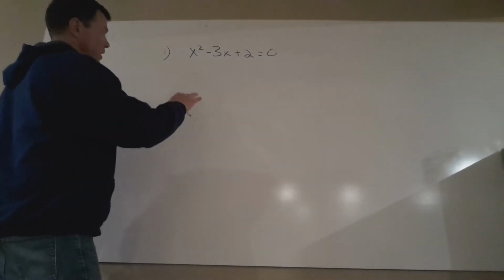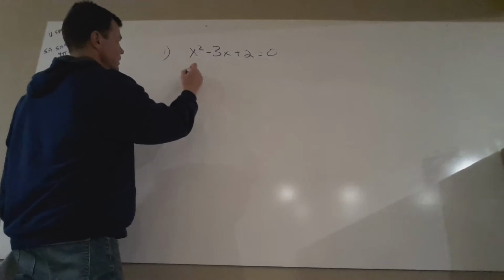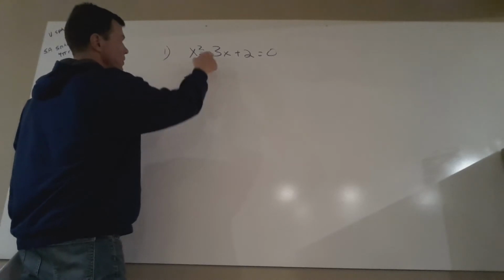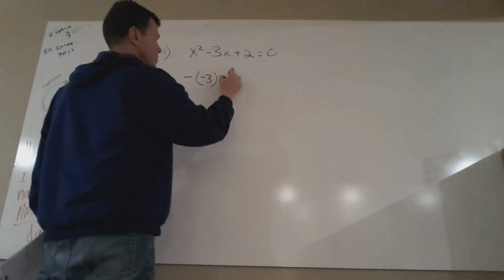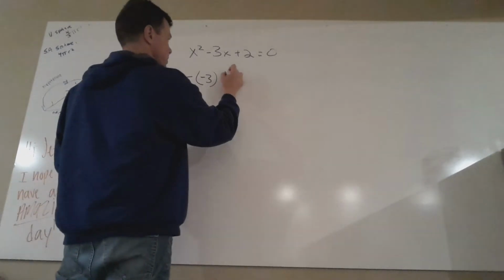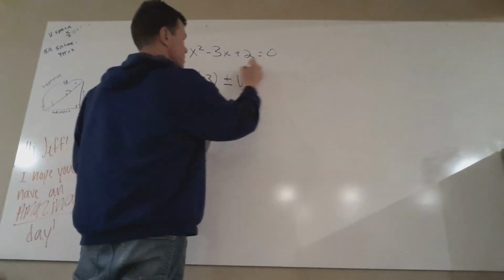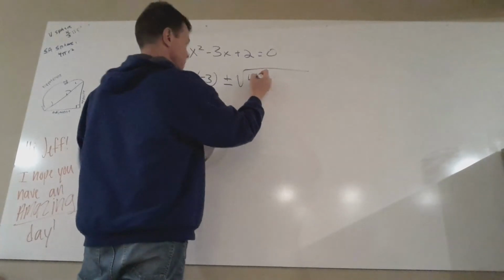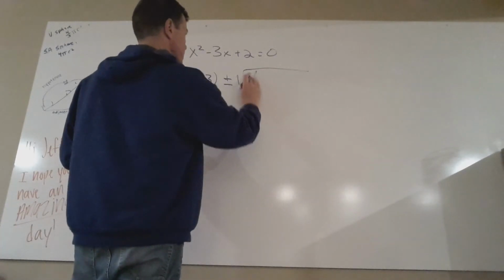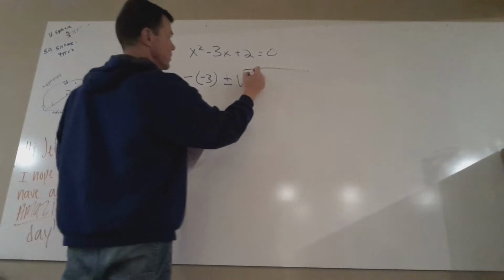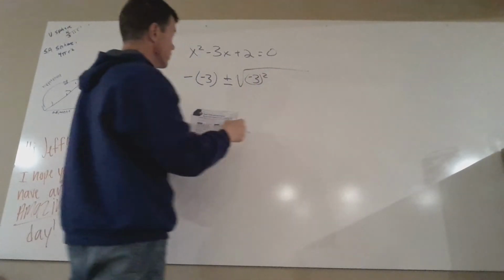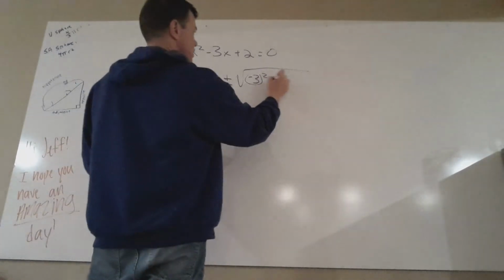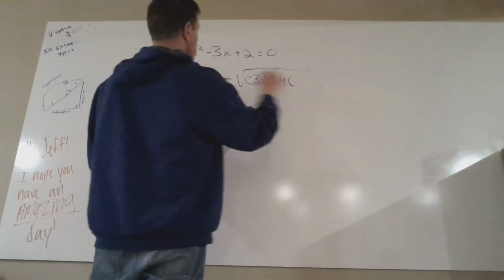So remember, the quadratic formula starts out with negative b, so put in your negative 3 for b. Plus or minus the square root of b squared. B squared is negative 3 squared, minus 4 times a.